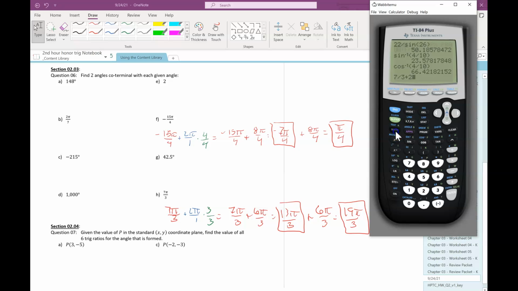Then if I hit the math button and select the fraction command, it'll give me that as a reduced fraction. And I just slap the pi back on there. You can do that also if you feel hesitant about your fractional abilities. Or you just want to check, because sometimes despite the best laid plans, we make oopsies.